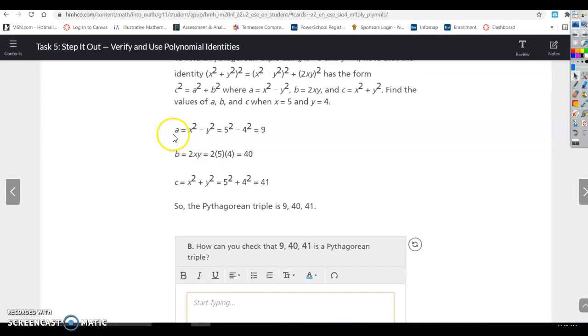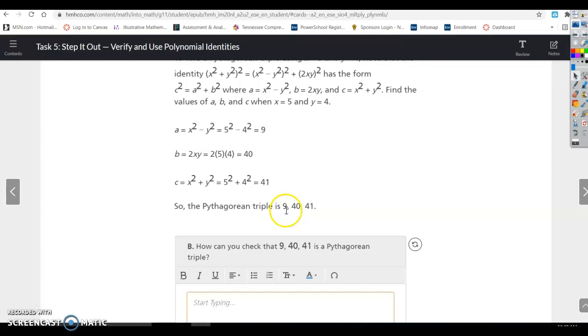So if we plug in 5 and 4 for our x and our y, then for a we get 9. If we plug in 5 and 4 here, so 2 times 5 times 4, we get b. And if we plug 5 and 4 in here, we get c. So 9, 40, and 41 is a Pythagorean triple.